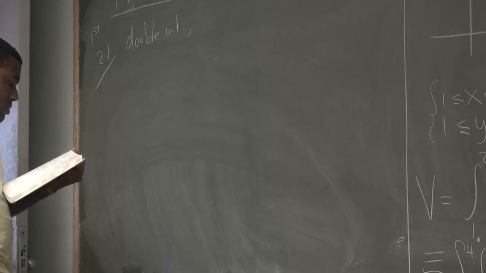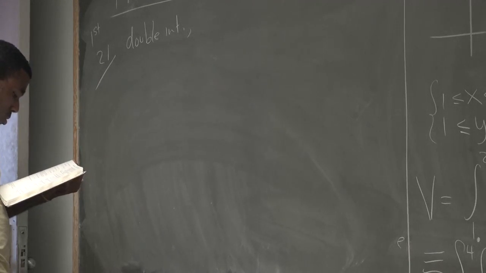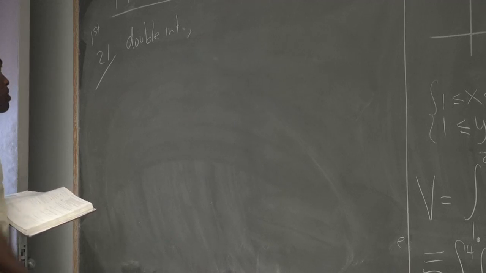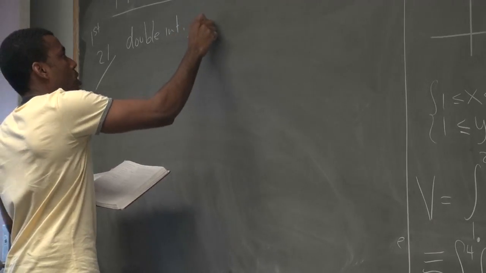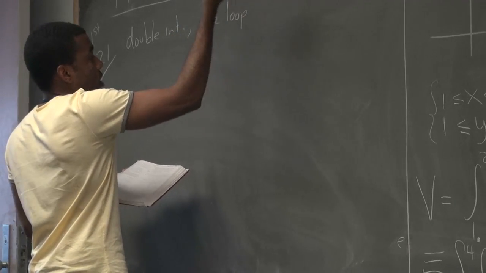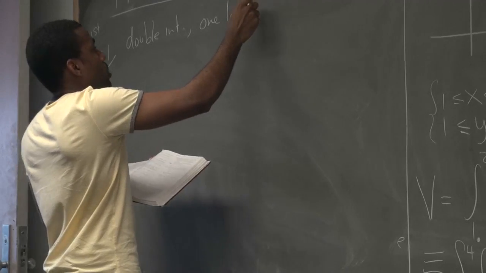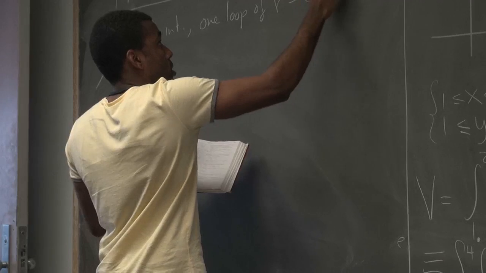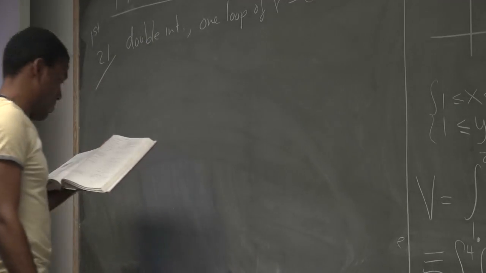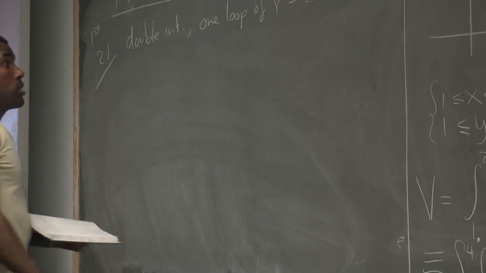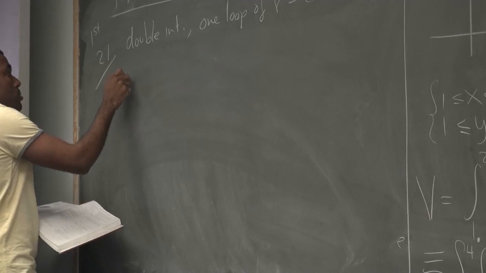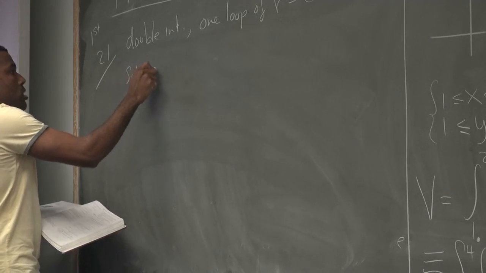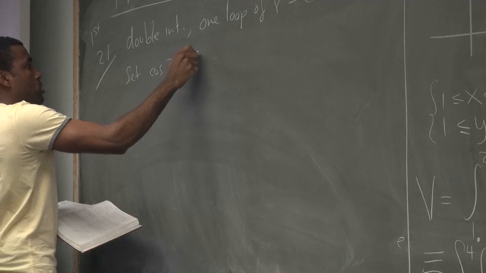Well, technically you just have to find where it's 0. That tells you where all the loops are. Okay, so we want one loop. You can draw it if you'd like, but one loop of r equals cosine 3 theta. So first, set cosine 3 theta equals 0.